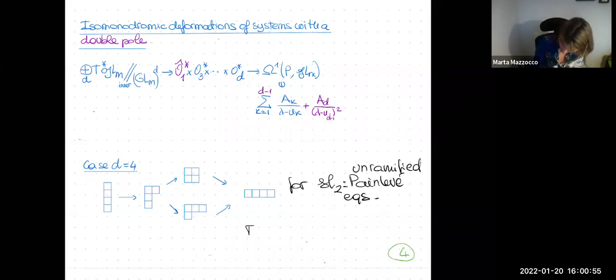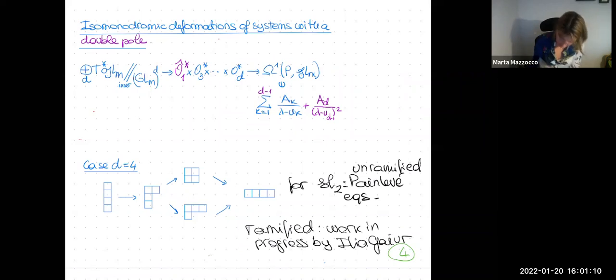For the ramified case, there is some work in progress by my student, Ilya. And it has actually very interesting aspects, which I think have a lot to do with the Springer resolution, but never mind, not the topic of today's talk.